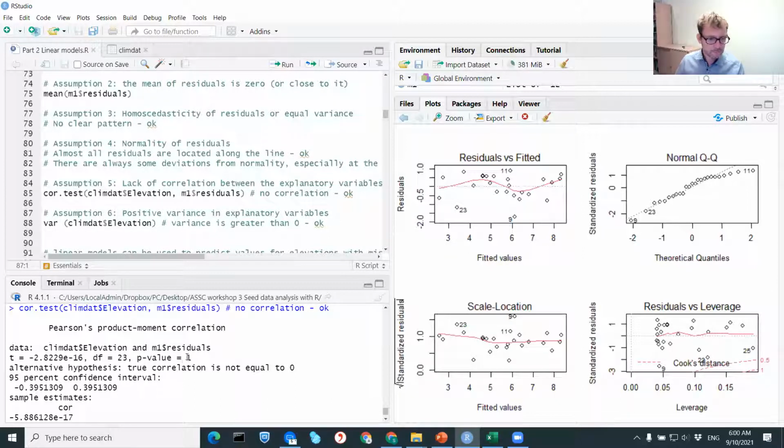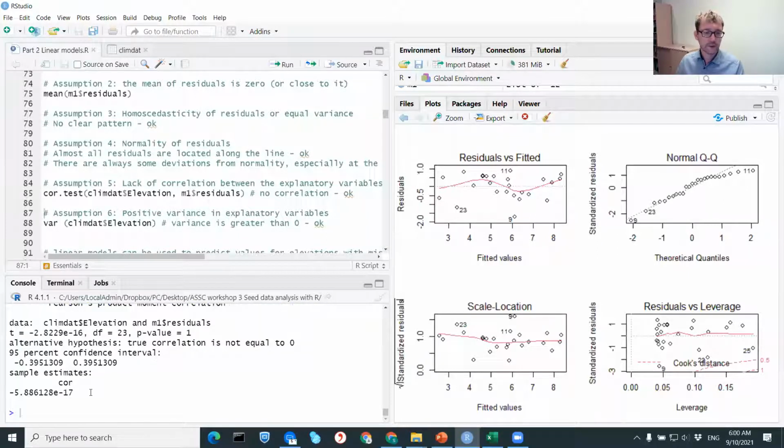The p-value should be above the magic threshold of 0.05, so it is not significant. And the second number is the correlation coefficient itself, which shows you the strength of this relationship. Of course, it should be as small as possible. And you can see it's quite close to 0. So very good.